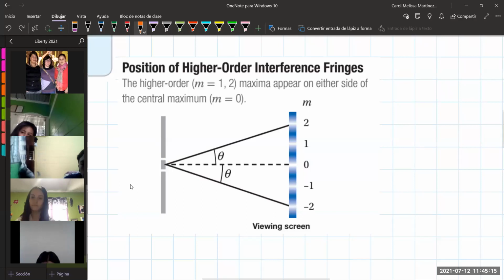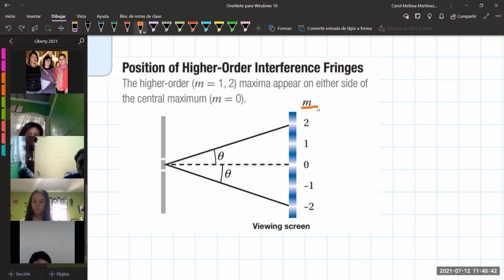Now, from this double slit experiment, we can tell that the waves have an angle of interference, which is this angle that you see right here. The pattern that it forms in the viewing screen can be measured by the orders.